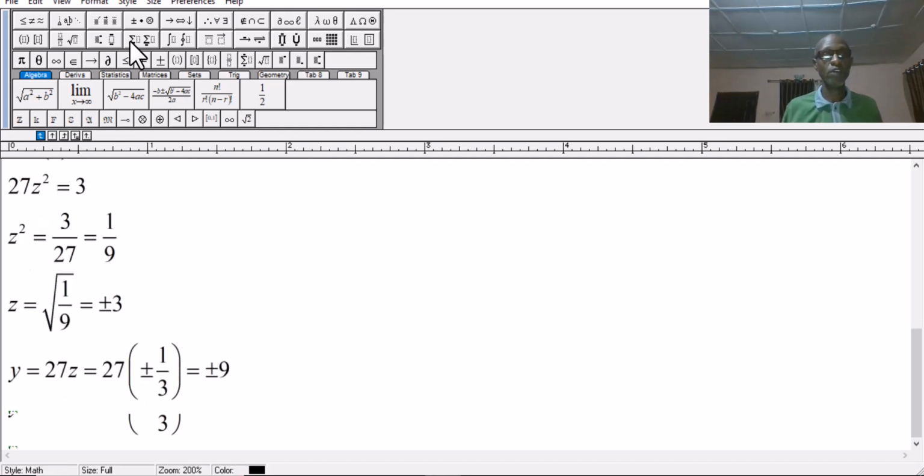So we have gotten the values for our y and z. So our y and z are 9 and 1 over 3.